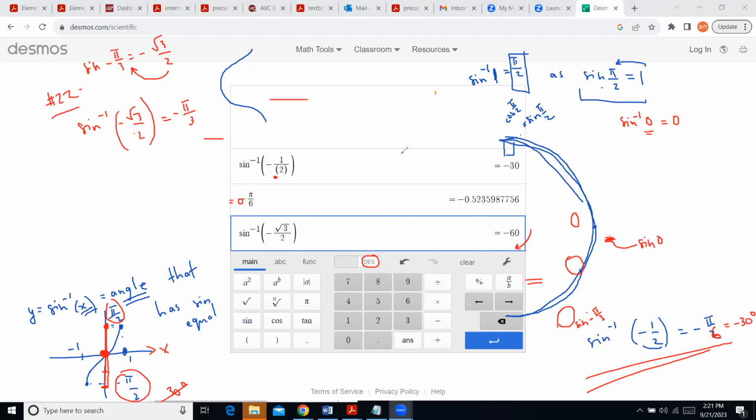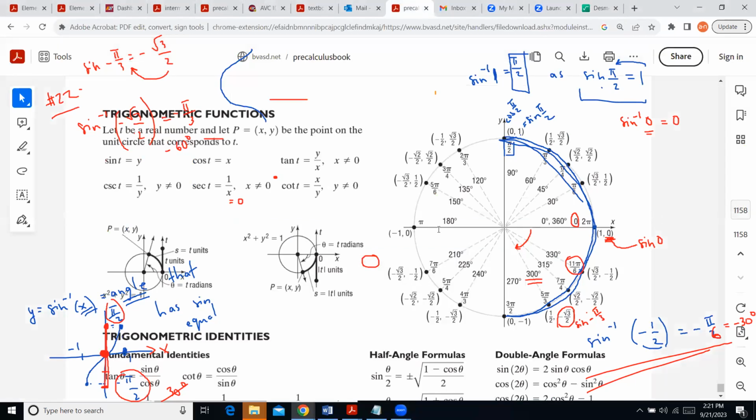And I'm sure now you can see that indeed it's negative 60 degrees, right? And that's what we can verify. If I go back to that favorite picture, the unit circle, then you can see this 60 degrees, right? It's 30, and that's another 30, so this whole thing is 60.